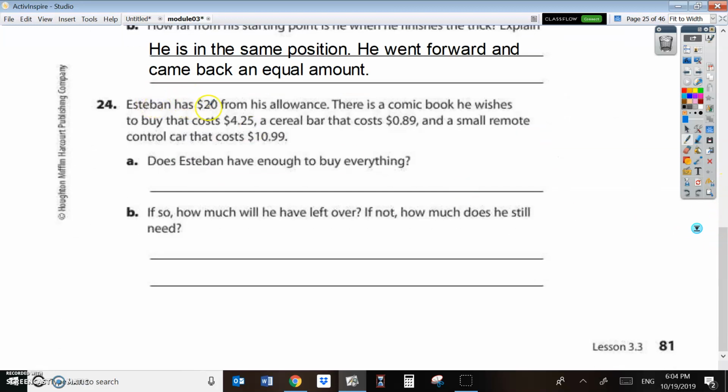Okay, Esteban has $20 from his allowance. There's a comic book he wishes to buy, so buy is negative. A cereal bar that costs 89 cents, again a negative, and a small remote control car that costs $10.99. So let's add these negatives. And then let's see how that compares with the amount of money that he has.